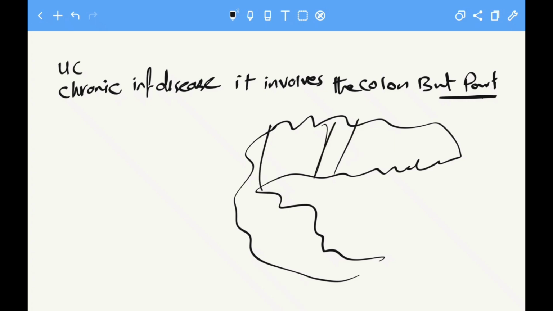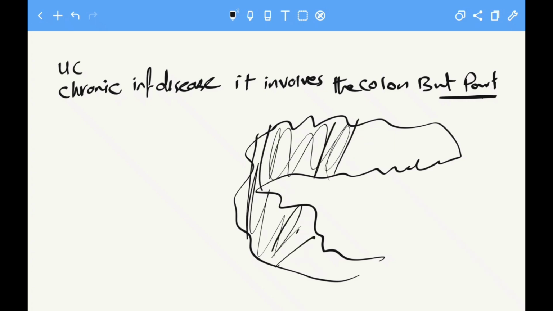Only this area is affected, but it is continuous. There are no skip lesions like in Crohn's disease. It is characterized by an inflammatory process confined to the mucosa and submucosa only. So in the colon, only the mucosa and submucosa are affected, not the whole thickness of the GIT tract like Crohn's.